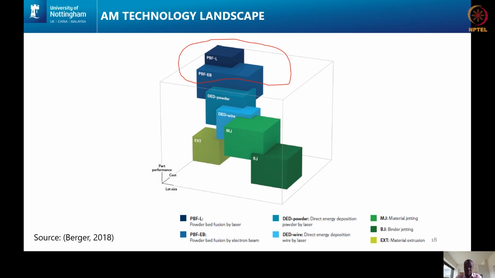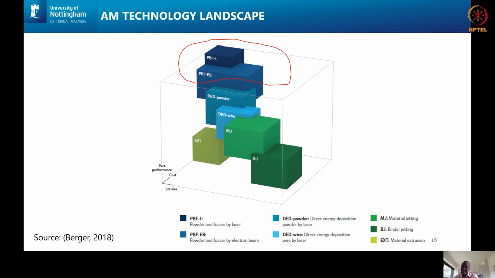But the two dominant processes in the metal space currently are from the powder bed fusion family, namely the laser powder bed fusion processes and the electron beam melting processes. These processes have dominated applications in different industries: aerospace, automotive, energy, and the medical sectors.